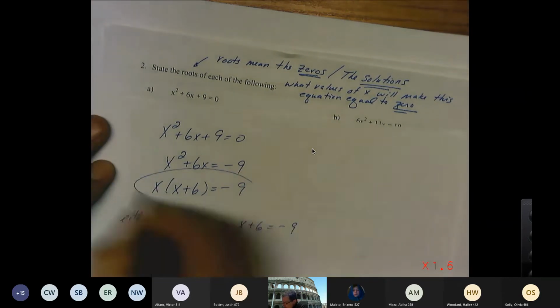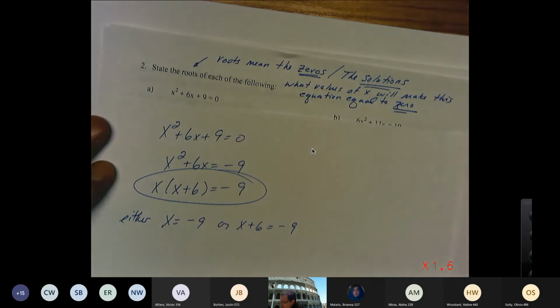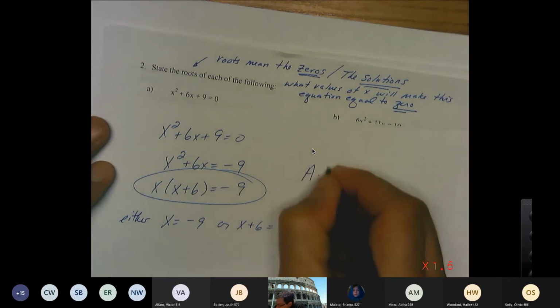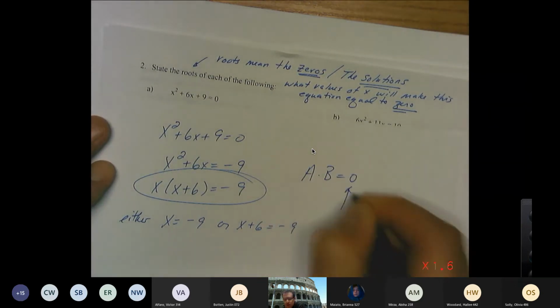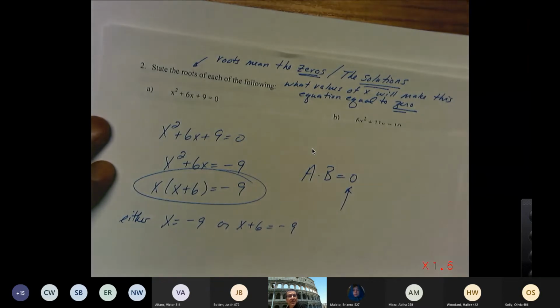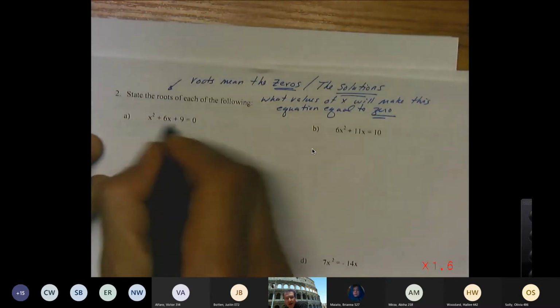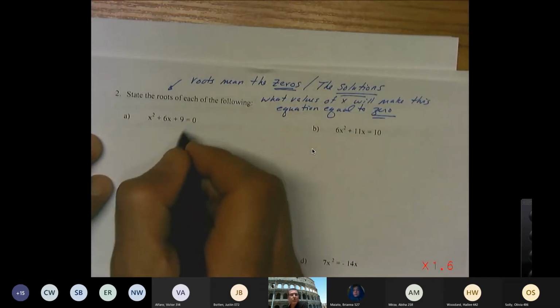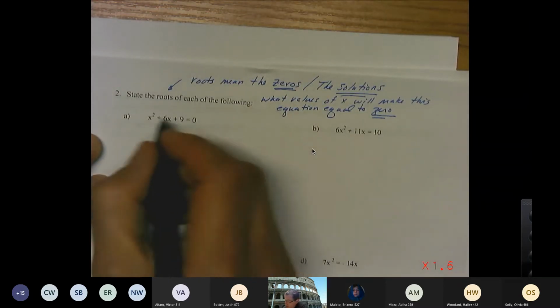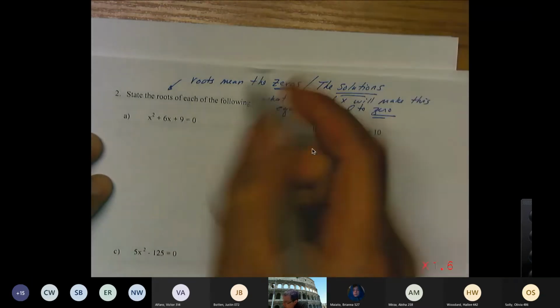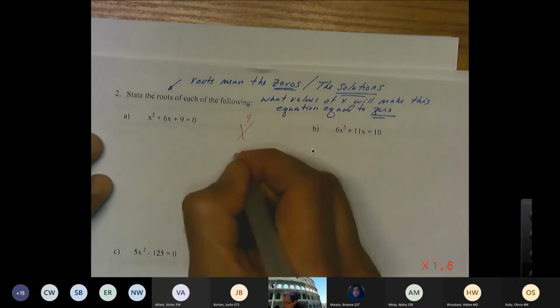This is not the zero principle. The zero principle is two things multiplied to give zero. That's why it's called the zero principle. So to do the zero principle on this, we must factor this to equal 0, not 9. So I'm looking for two numbers that multiply to give 9 and add to give 6.